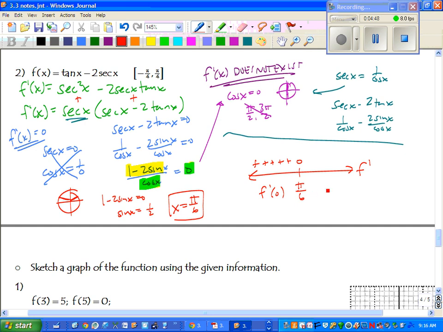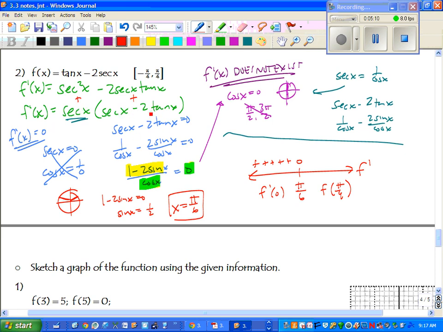So this is positive. We're going to have positive derivatives over here. If we try one to the right of pi over 6, let's try pi over 4, because that's in that interval. If we put pi over 4 in here, secant is 1 over cosine. Since we're in the first quadrant, secant of pi over 4 is going to be positive. Cosine is positive, and the reciprocal of that is positive.